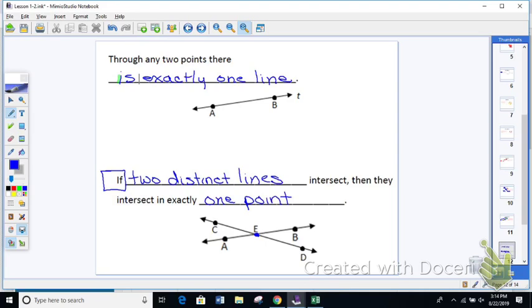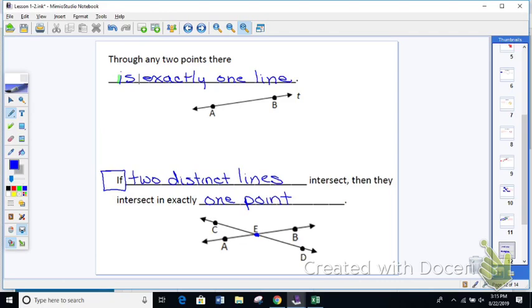If the lines are not intersecting, what are they called? It starts with a P. Parallel. There you go, parallel. Okay? I'm so confused. Okay, what's your question?